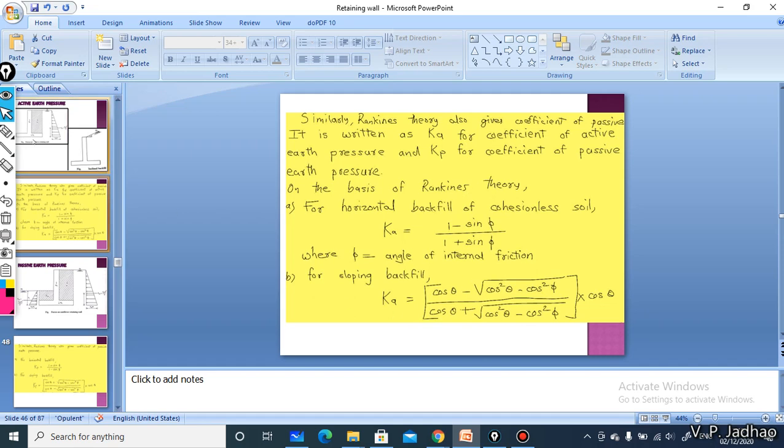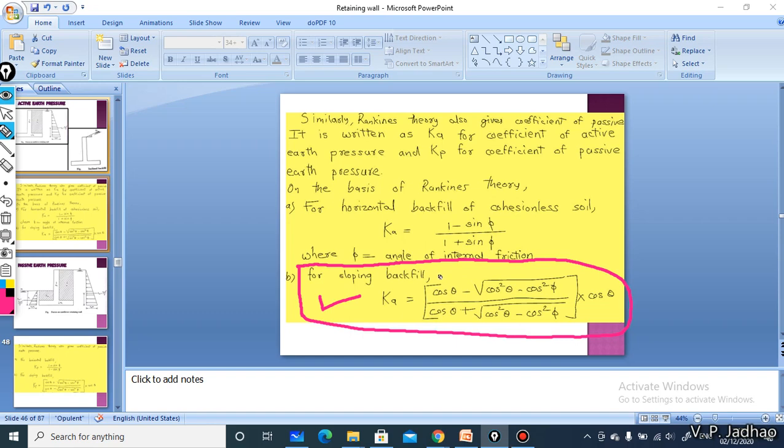This formula is required if the backfill is sloping or inclined, meaning the retaining wall is like this and we have to retain some backfill material sloping like this.